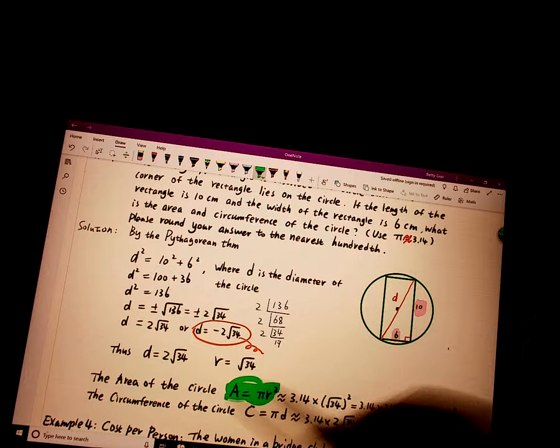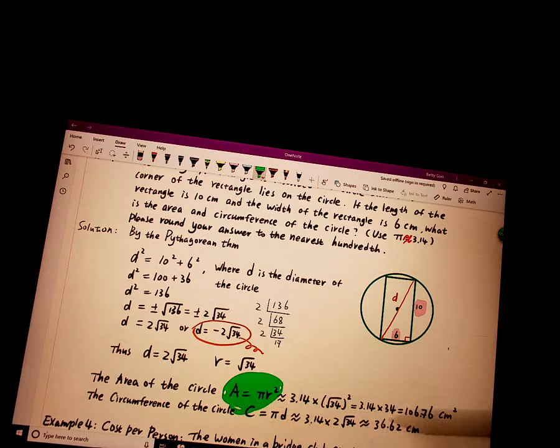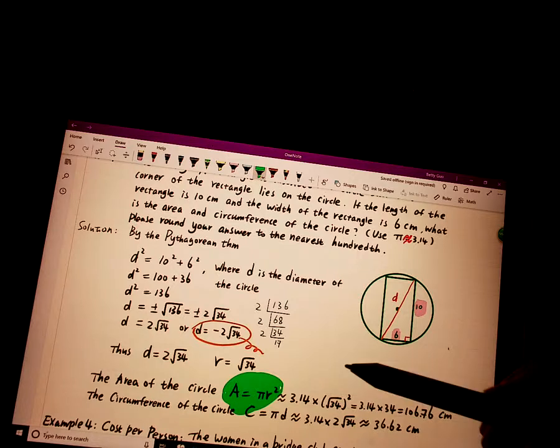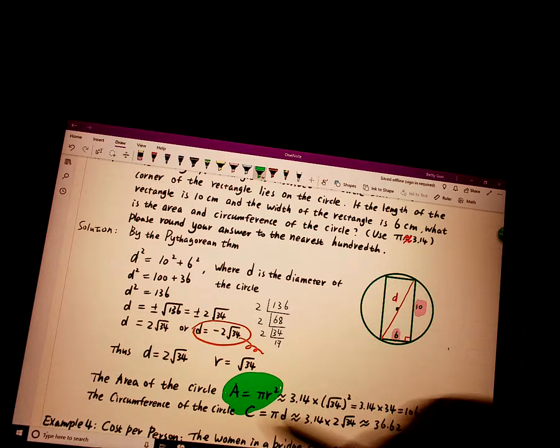This is the formula for finding the area of a circle: A equals pi r squared. R here is the radius of the circle. And the second thing we need to figure out is the circumference. The circumference formula for a circle, C stands for circumference, equals pi d. D here is the diameter.